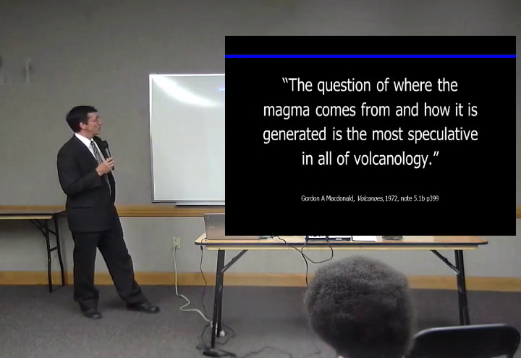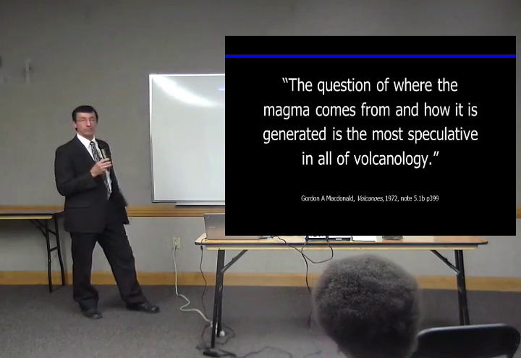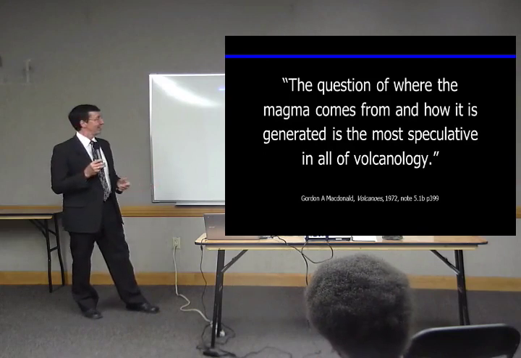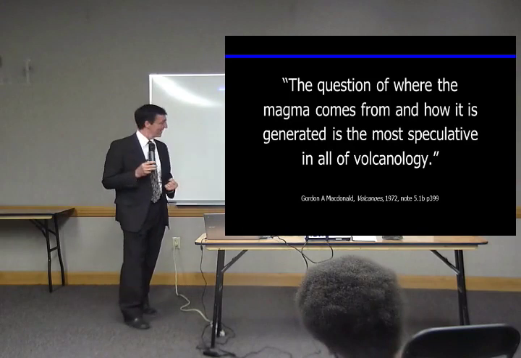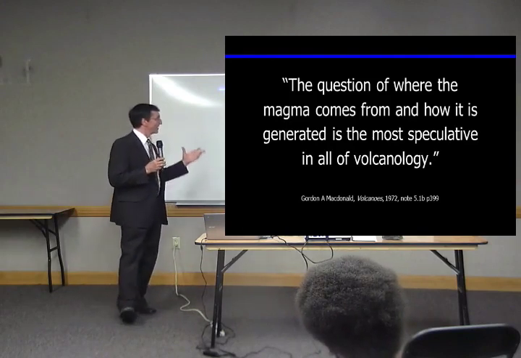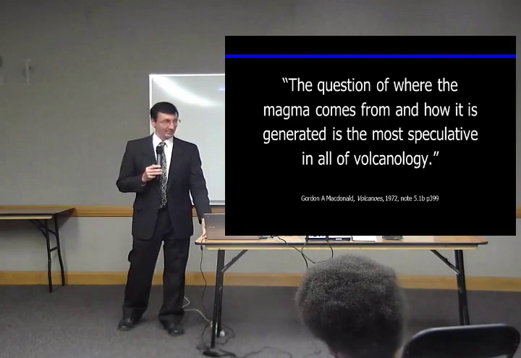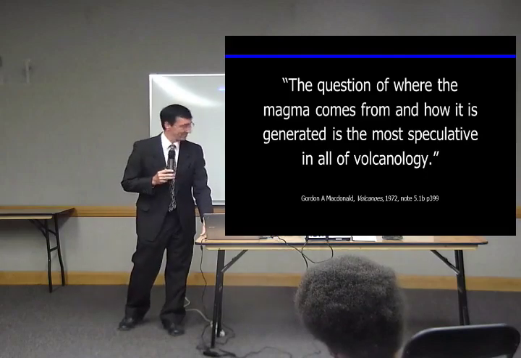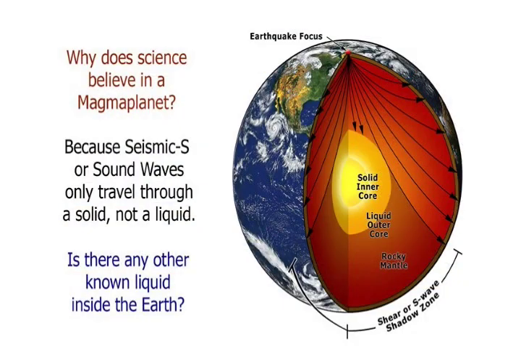The question of where the magma comes from and how it is generated is the most speculative in all of volcanology. Okay? So we agree with volcanoes, but this idea of magma is very speculative, the most speculative. But how do we think that there is magma? Okay, so with these seismic waves, and we can measure seismic waves like earthquakes.